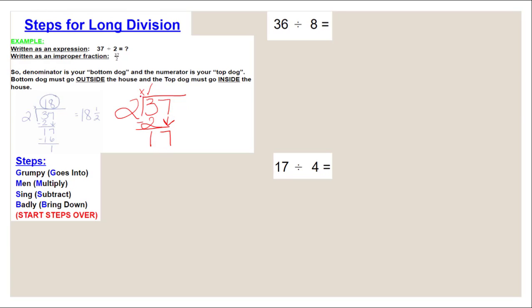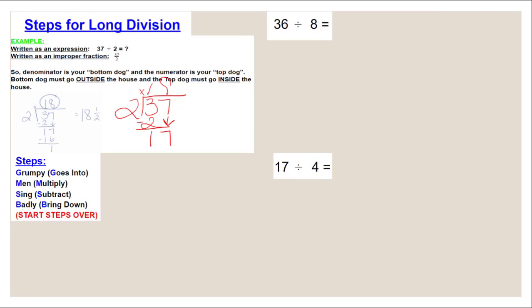Goes into. How many times can the 2 go into the 17? Remember, it's always the number outside the house. How many times can that number go into the one under the house? So how many times can 2 go into 17? Well, it can go 8 times.